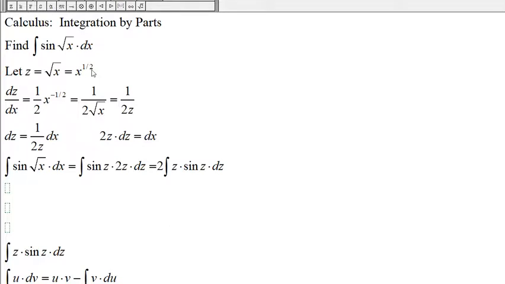1/2 minus 1 is negative 1/2. X to the negative 1/2 is the same as 1 over x to the 1/2.